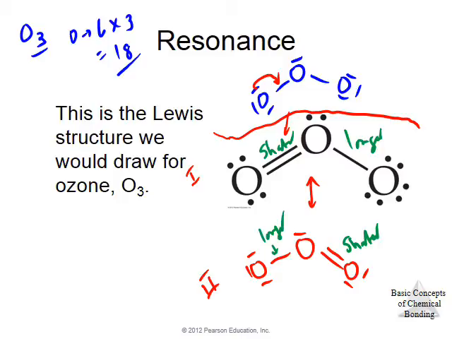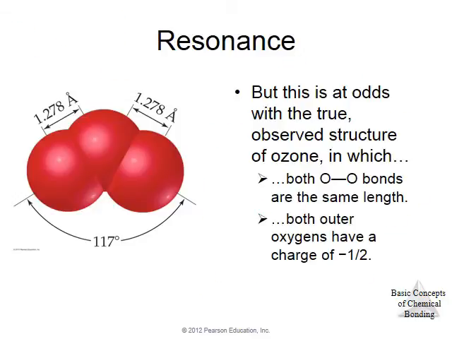So if you solely go by one of these structures, then we'll have to believe that the two bonds would have different lengths. One of the oxygen-oxygen bonds would be shorter, and the other would be longer. Let's see what experiment suggests. This shows experimental results. You can see that in ozone, the oxygen-oxygen distance is the same.